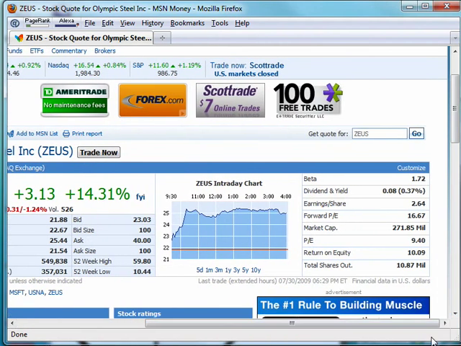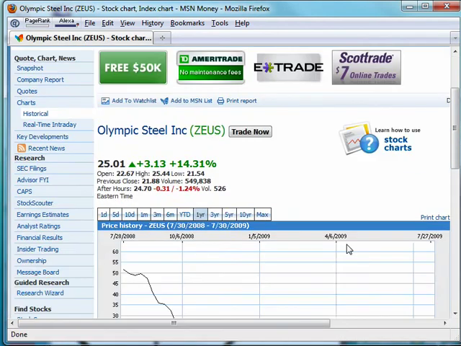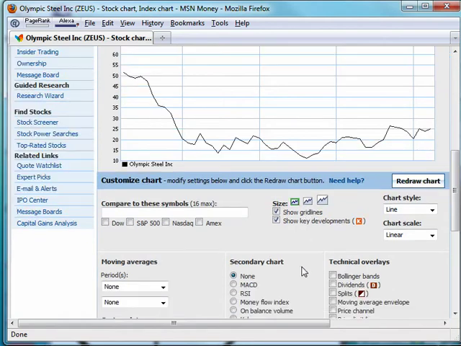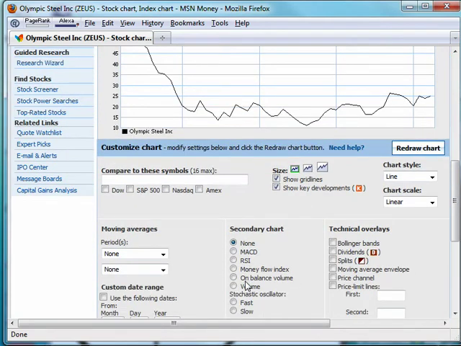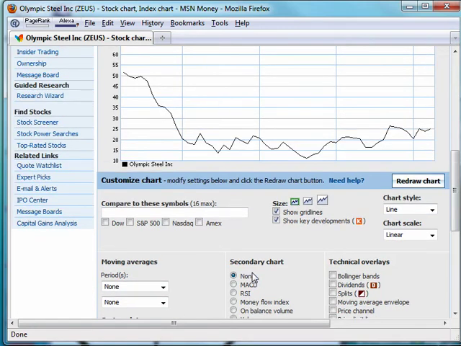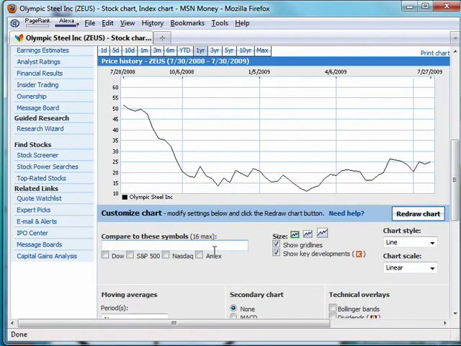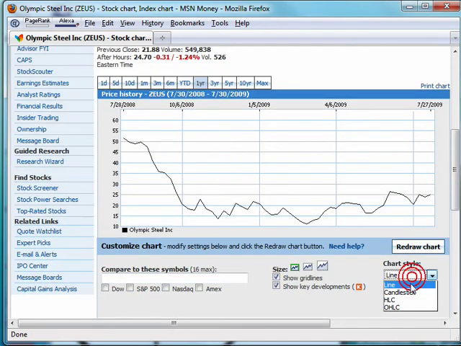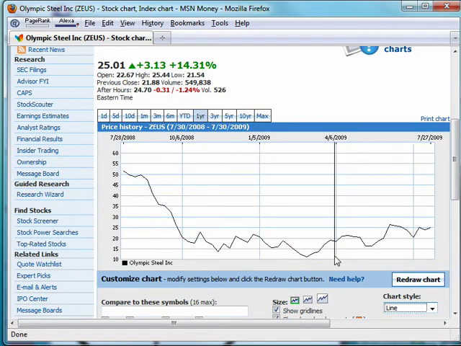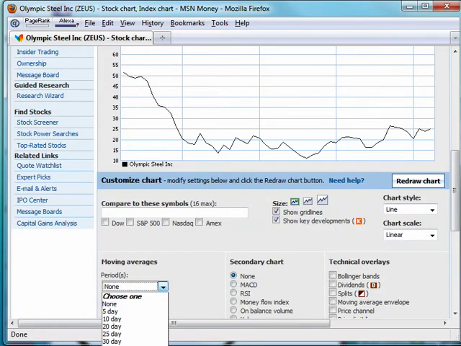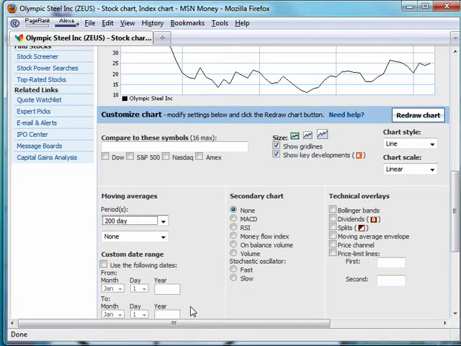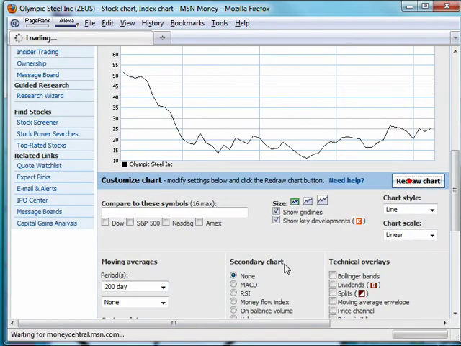The next thing they have, of course, is the stock chart. The MSN charting package is somewhat basic. However, it does have some technical analysis tools if you want to do something fairly basic. You can show some moving averages, constrain the dates, and change the chart type from line to candlestick, high-low-close, or open-high-low-close. For now we're looking at a line chart, and let's put in the 200-day moving average and redraw the chart.